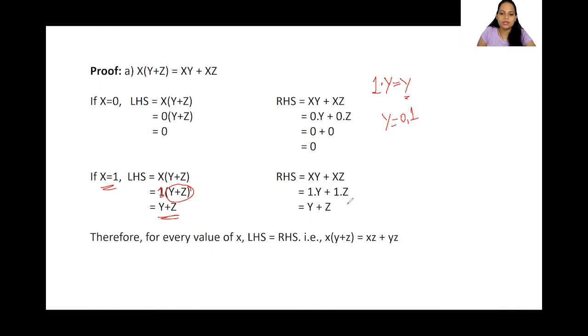So here into is nothing but AND operation. So what does the rule say? Whenever we do an AND operation with a variable with 1, we will get the same variable. So here I am getting y, here I am getting z, which is nothing but y plus z. These both are equal. Hence, we have proved this for x is equals to 1 also.